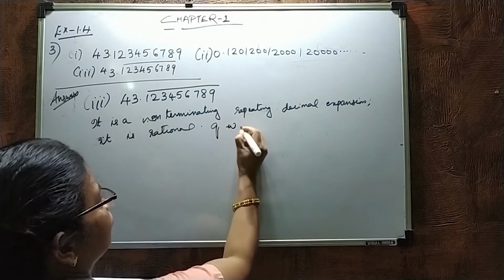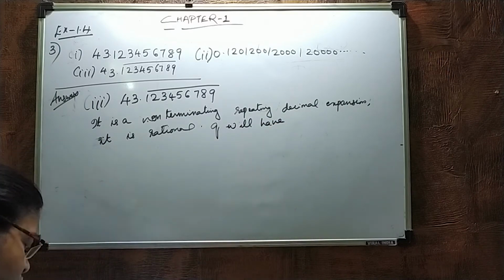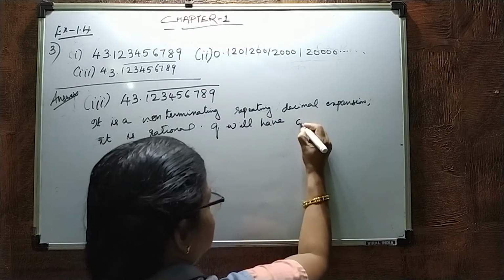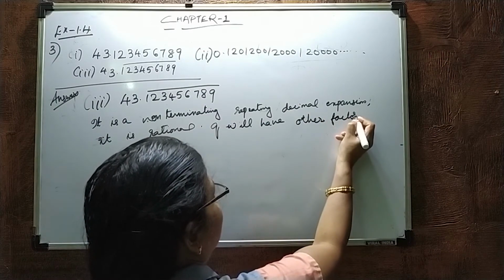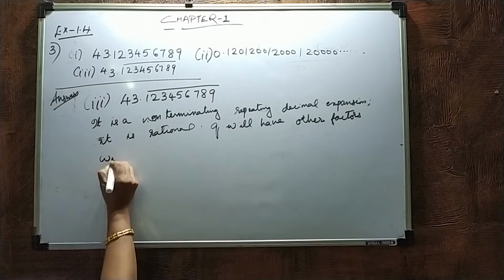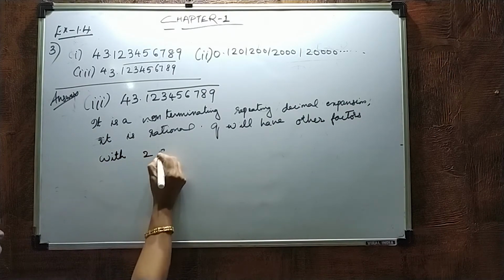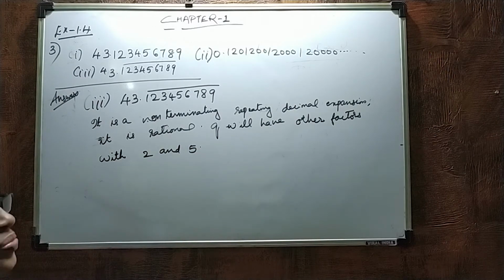q will have other factors along with 2 and 5. This is the thing you have to write.